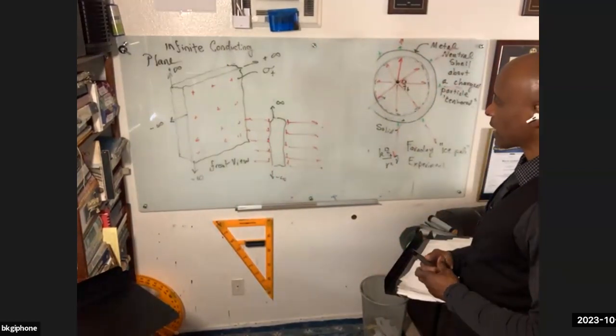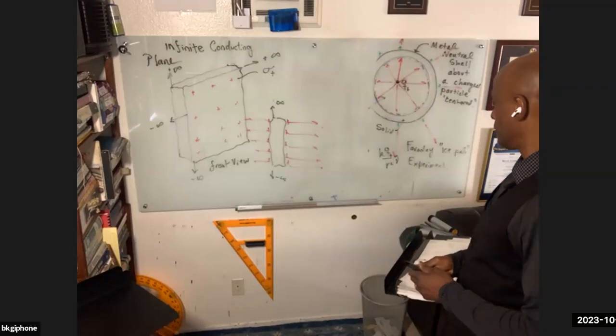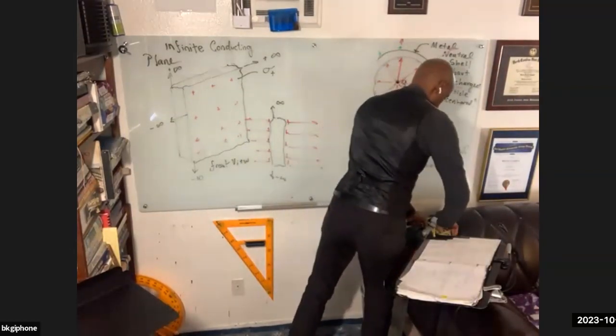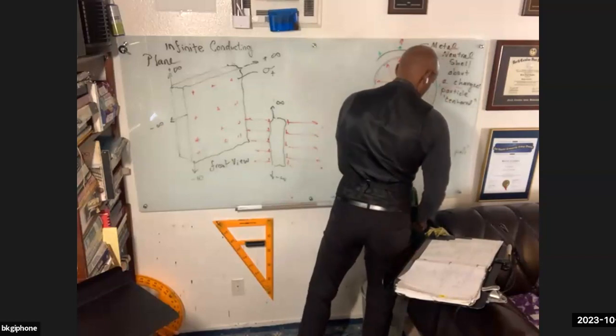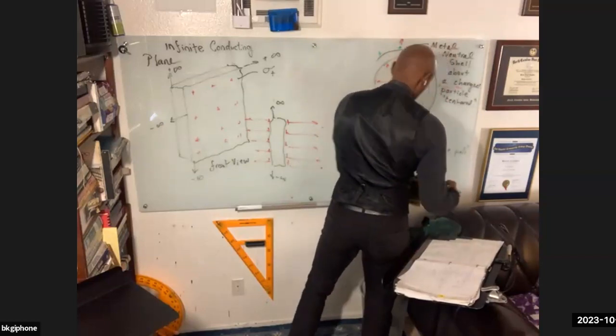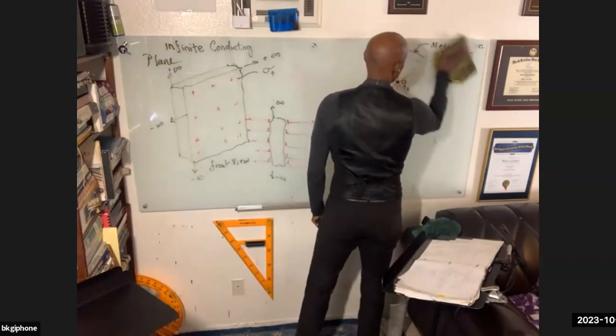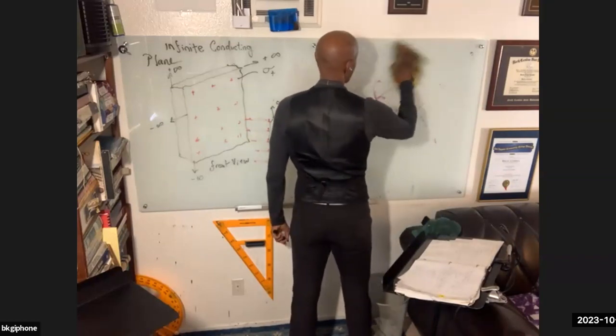So now we apply Gauss's law. Gauss's law states that the flux through a closed surface is equal to the total charge enclosed inside that closed surface divided by epsilon naught.